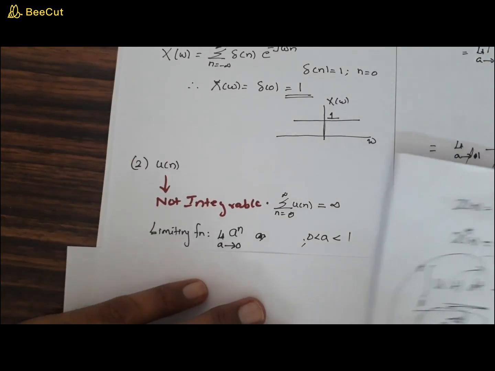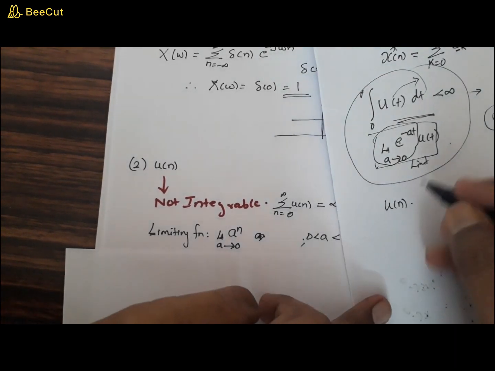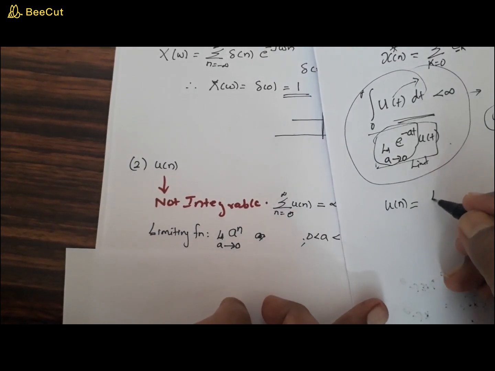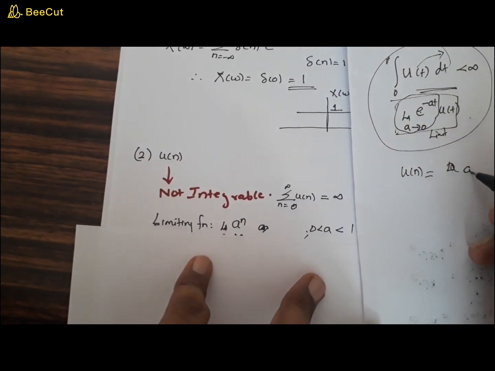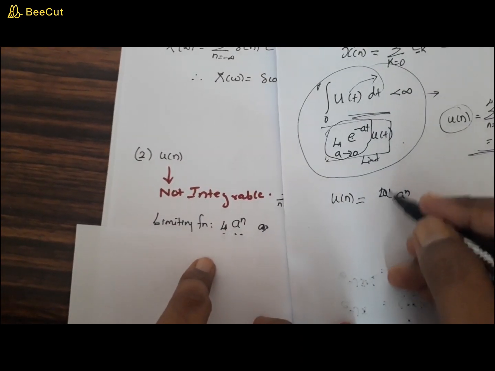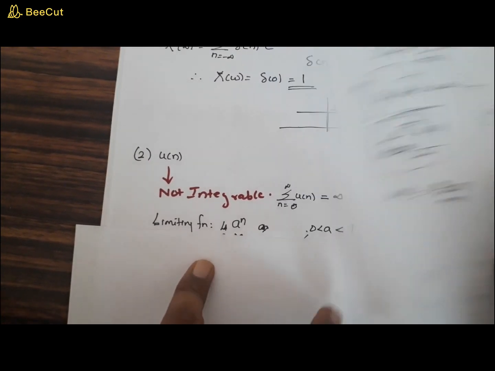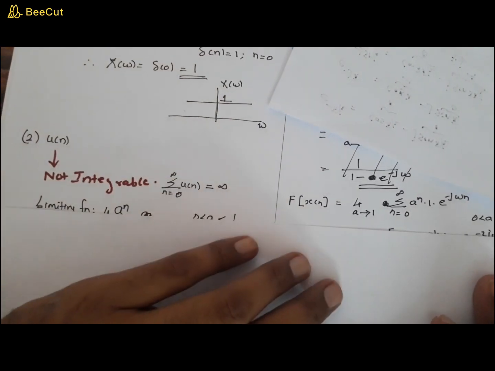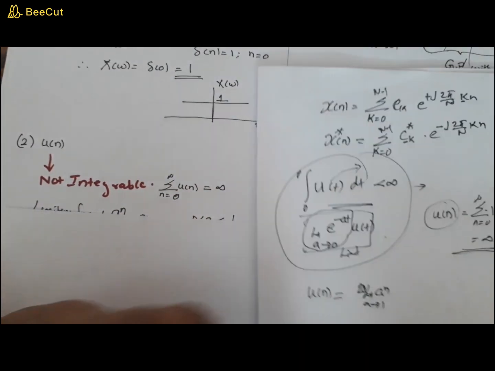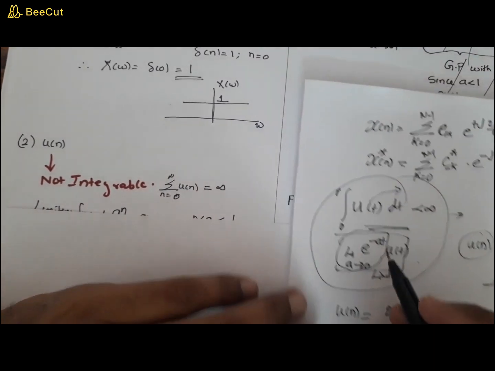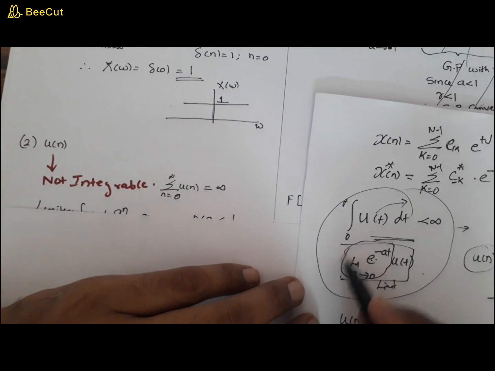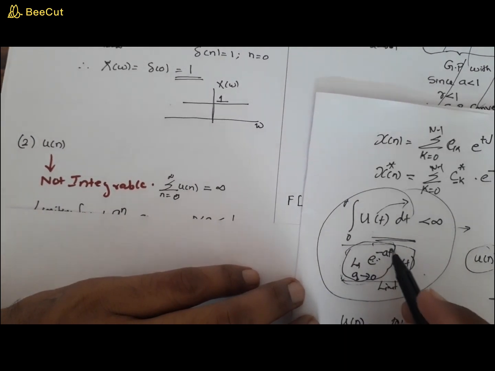So in a discrete signal, you can think of an exponential signal like this: a raised to n is an exponential signal, with the limit as a tends to 1. When you put a equal to 1, this becomes equal to 1, just similar to when you put a equal to 0 in the continuous case, where this signal converges to u of t.